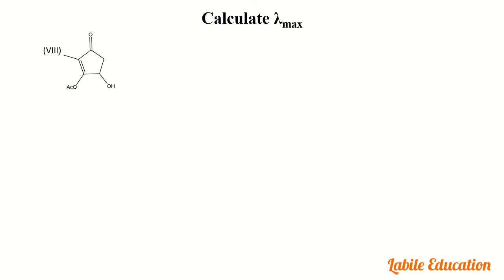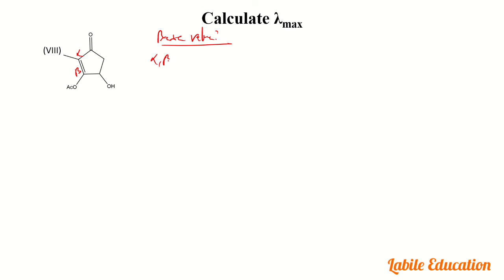Now this is an example of a cyclopentanone. Here the carbonyl group and the double bond are in the same ring. So here, for the base value, this is alpha, this is beta.